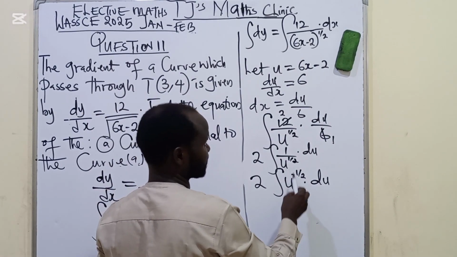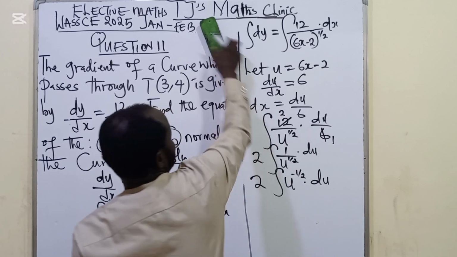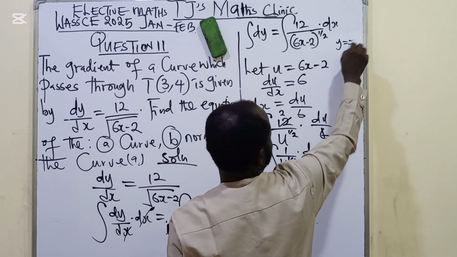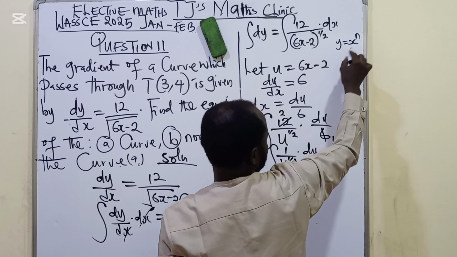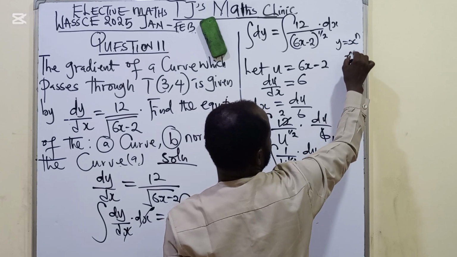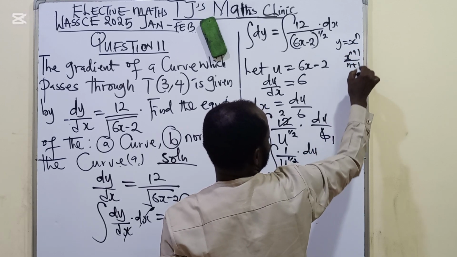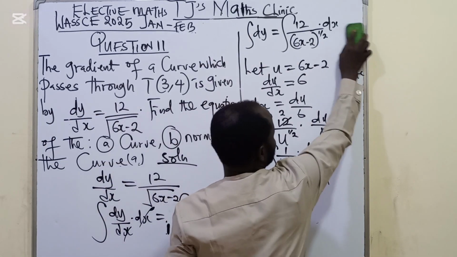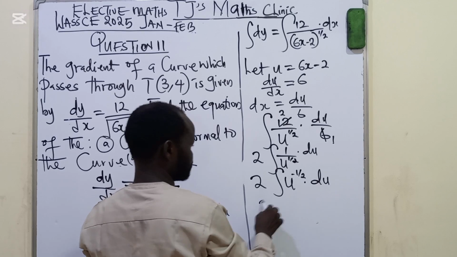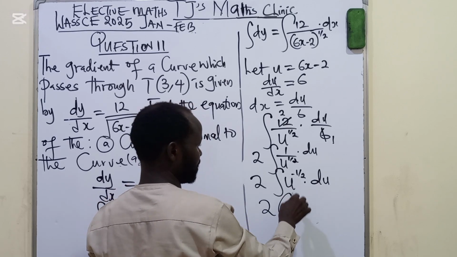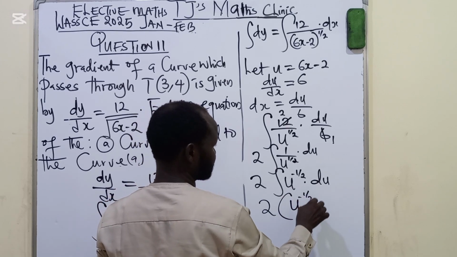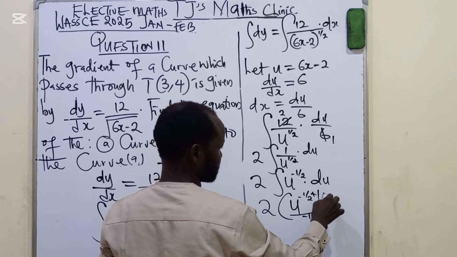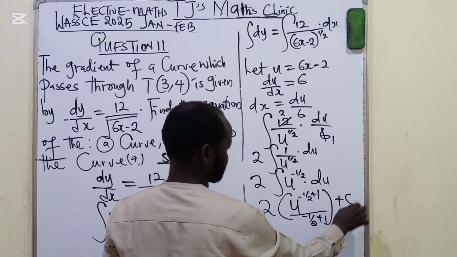Using the general formula of integration: if we have y equals x power n, the integral of this will be x power n plus 1 divided by n plus 1, plus the constant of integration. So we use this general formula. It will be 2 times u power minus half plus 1, divided by minus half plus 1, then plus the constant of integration.